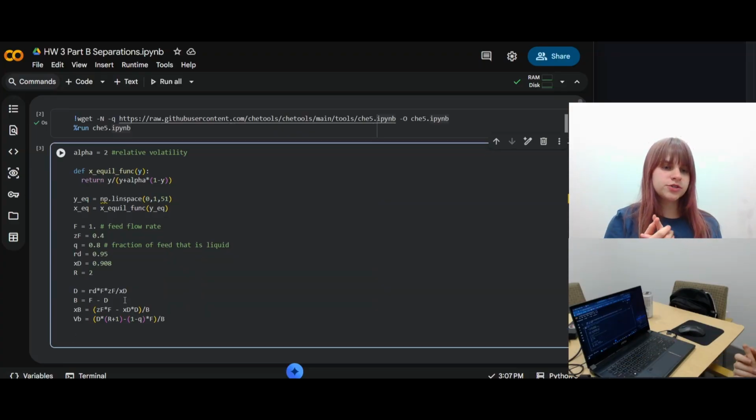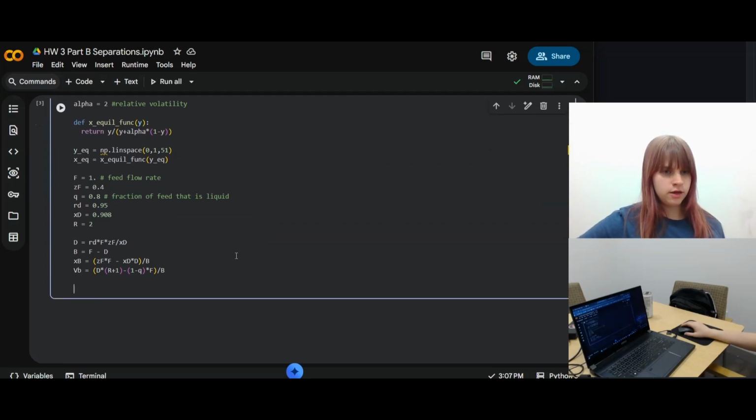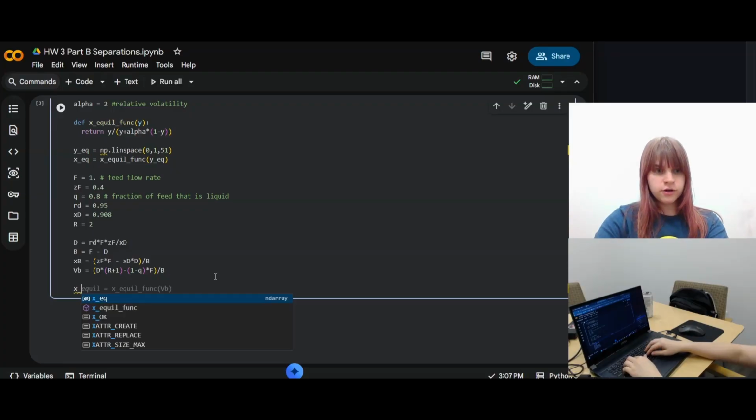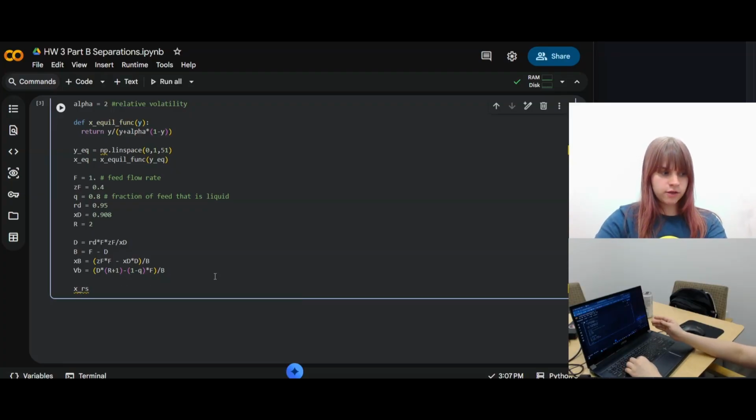Now what we want to do is basically calculate the intersection point of the rectifying and stripping operating lines that we talked about in part A, how to find those. So I'm going to call this X underscore RS for rectifying and stripping.